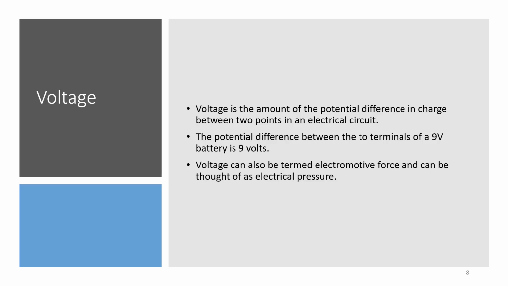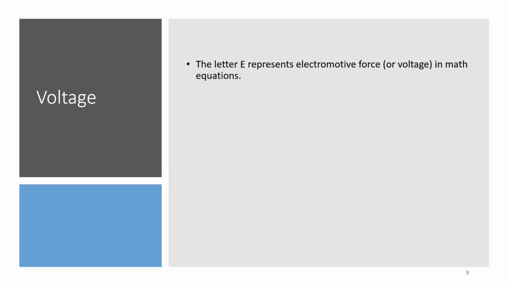Voltage can be termed electromotive force because it is the force behind our electrical flow, and it can also be thought of as electric pressure. When we use or quantify voltage in a mathematical formula, we use the letter E. Okay, we can't use the letter V because that's the letter for the units that we're going to see here in just a moment.